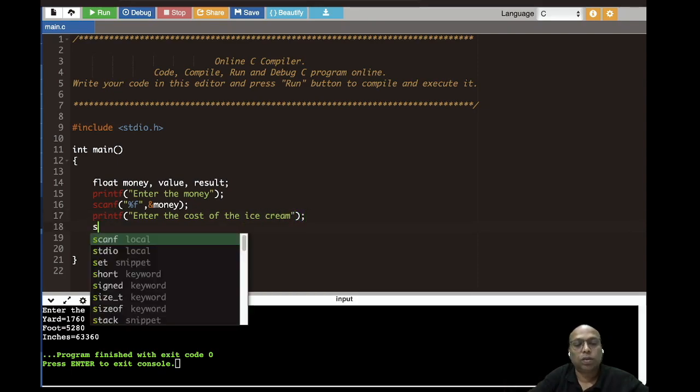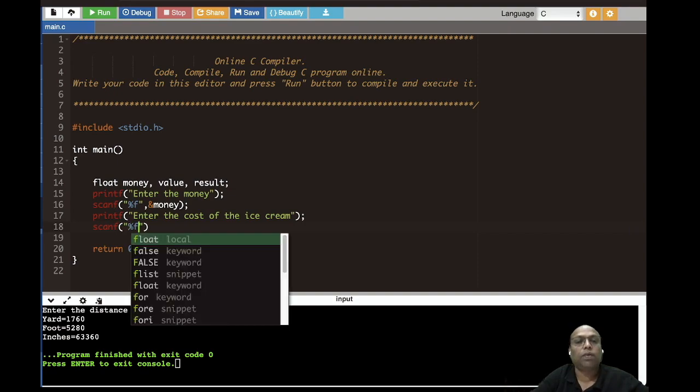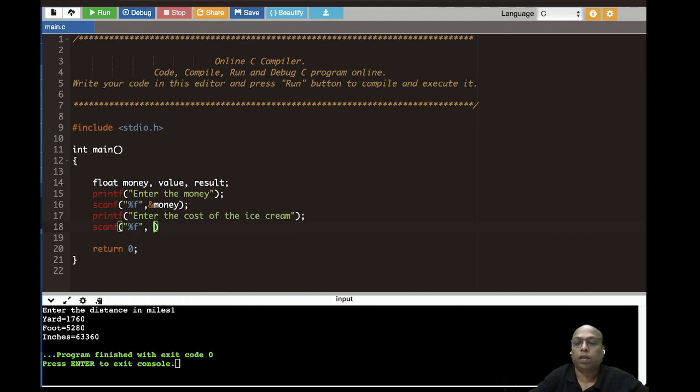What should I do? Scanf, I should put percentage f, comma, and the value. What do I need to calculate? The return. You can't use the word return, therefore I use the word result. Why? Return is a keyword which cannot be used.